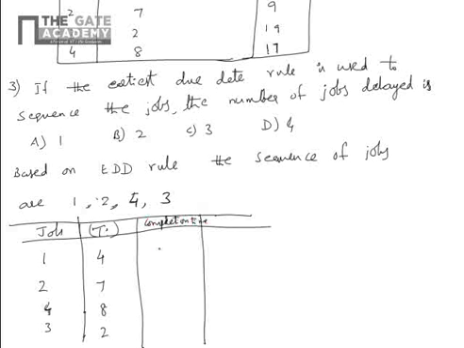After 4 days the first job will be completed. The next job takes 7 days, so 7 plus 4, 11 days. 11 plus 8, 19: after 19 days the fourth job will be completed. 19 plus 2, 21: after 21 days the last job will be completed. So here you need to add the cumulative of Ti.